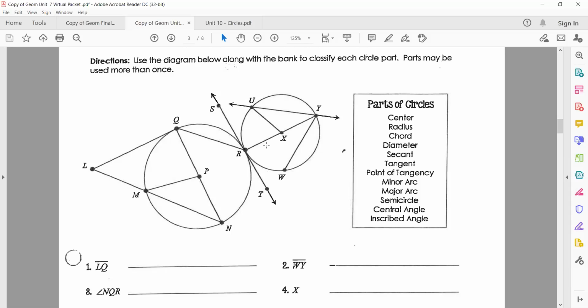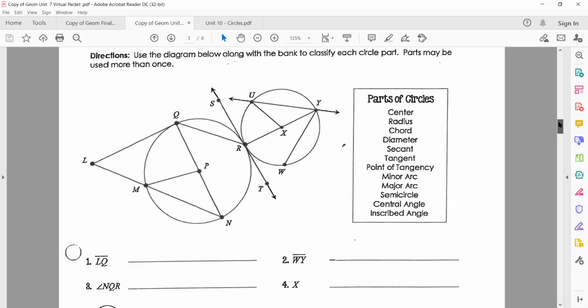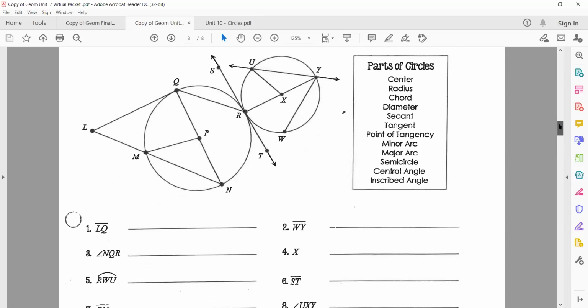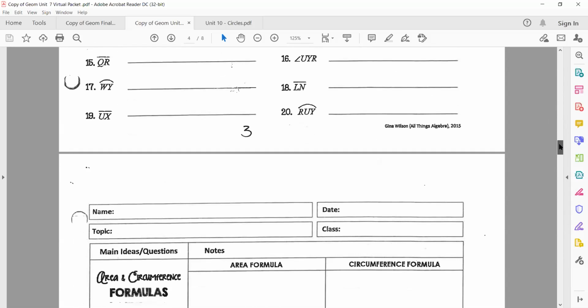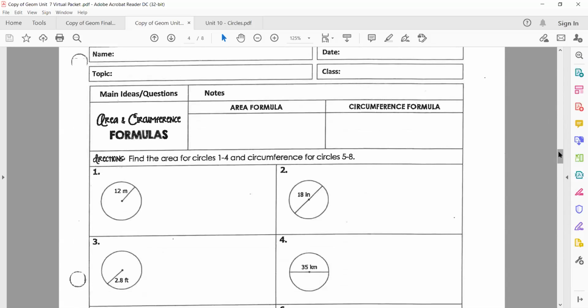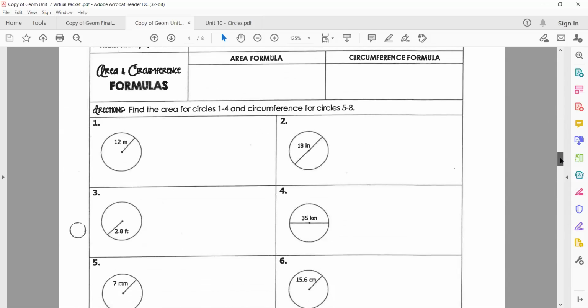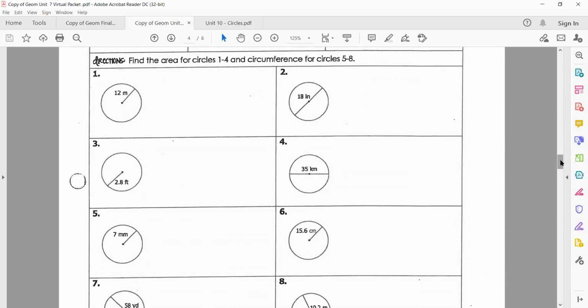And the point of tangency is right there, letter R. So all they're doing on that page is reinforcing the definitions from the first couple of pages. So I'm not going to spend any time on that. That's something that you guys can work on. If you have questions about that, I'll be happy to help you.